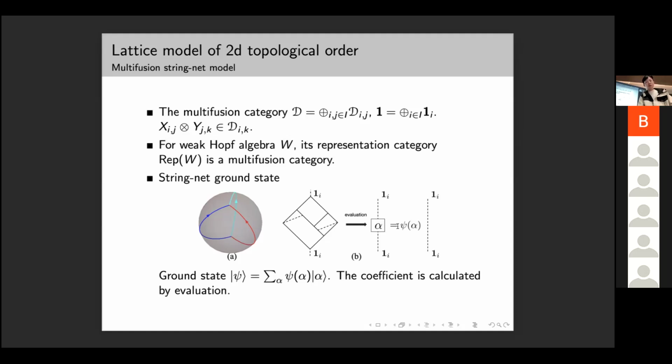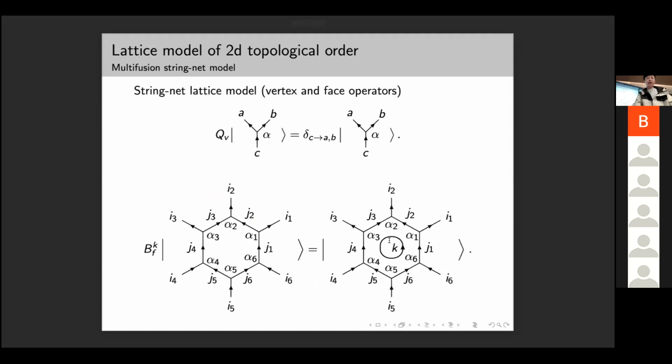After the evaluation, this is just a number. This number is the coefficient for this configuration. Then we take the sum over all the configurations, and we obtain a topological state. This is the ground state of the multifusion string model.